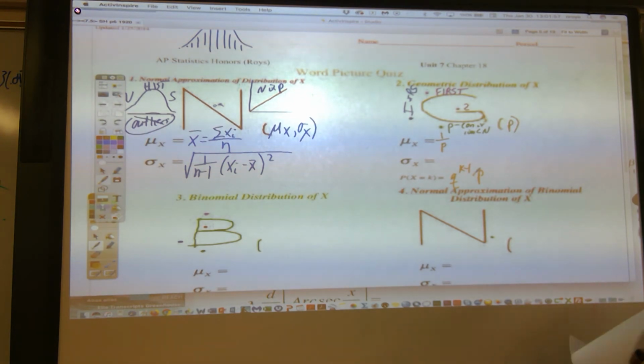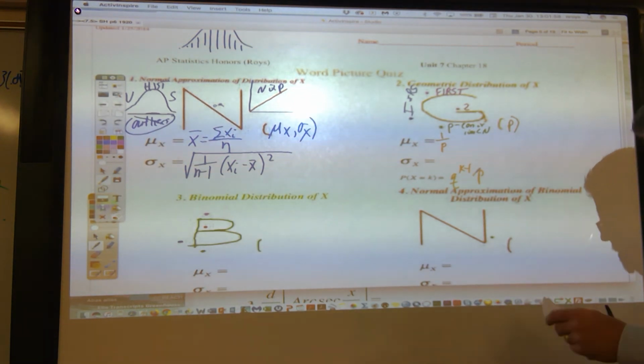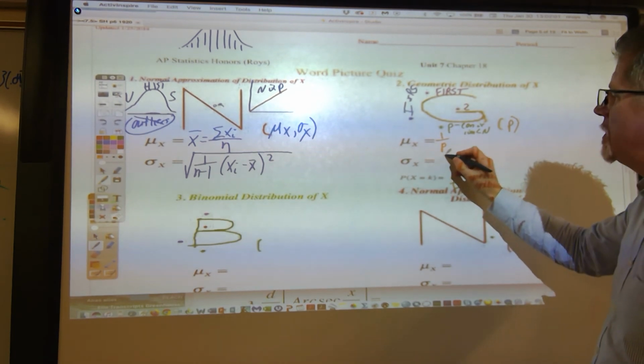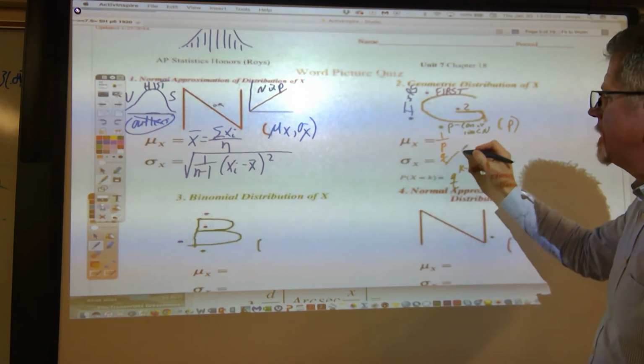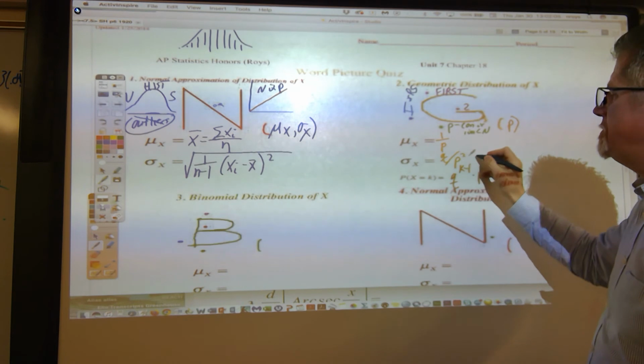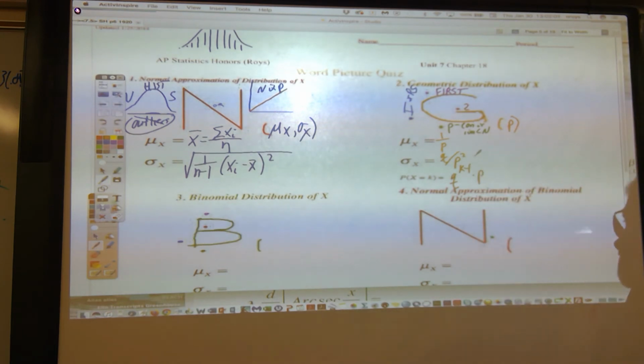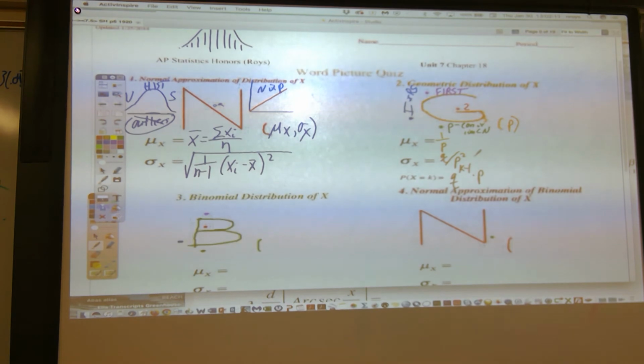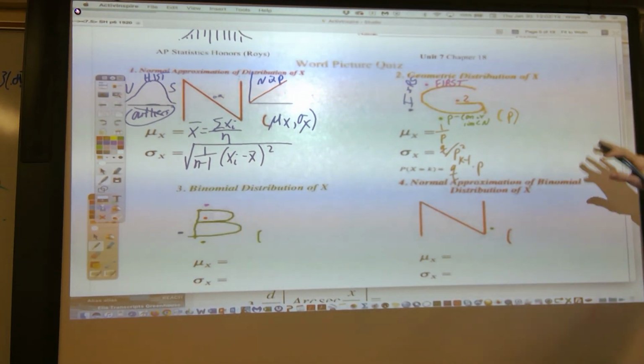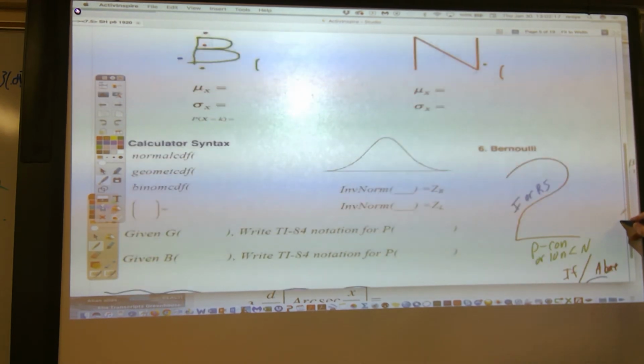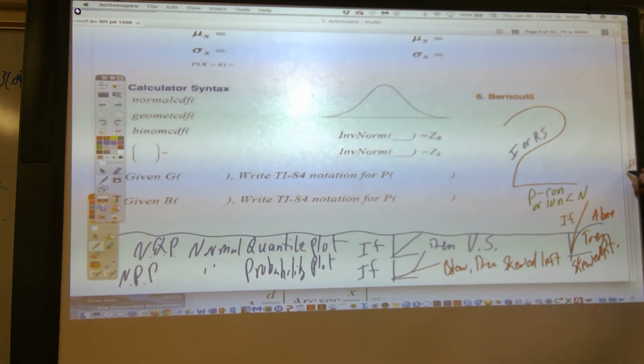The standard deviation you're also responsible for. This is not on the green sheet, but it is square root of q over p squared. It doesn't show up a lot on the AP test. You're responsible for it, but it's unlikely that you need it on the AP test, but you do need it for next Friday's word picture quiz. So there it is. Word pictures 2 and 6 are the word pictures for today.